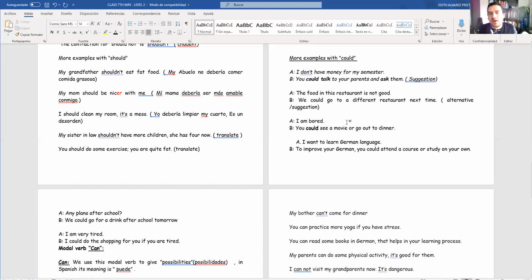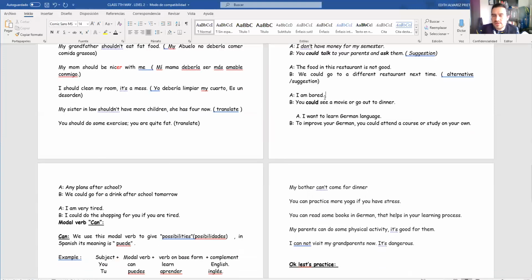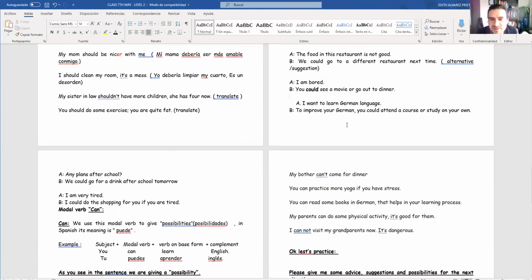Okay. Another example, I am bored. Dice el amigo otra vez, ok, you could see a movie or go out to dinner. Tú podrías ir a ver una película o salir a cenar. Other example, otra vez el amigo, I want to learn German language, quiero aprender alemán.